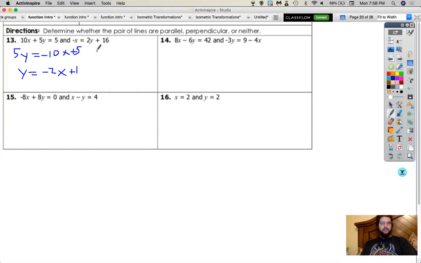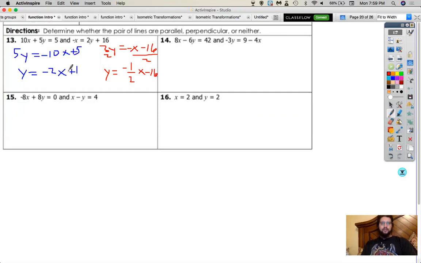Over here, I'm going to just swap that around a little bit. 2y equals negative x minus 16. That's negative x. I subtracted 16 from both sides and swapped the sides. Divide by 2. Y equals negative, and we can split this up. That's negative x is 1x, so that's negative 1/2 x minus 16.